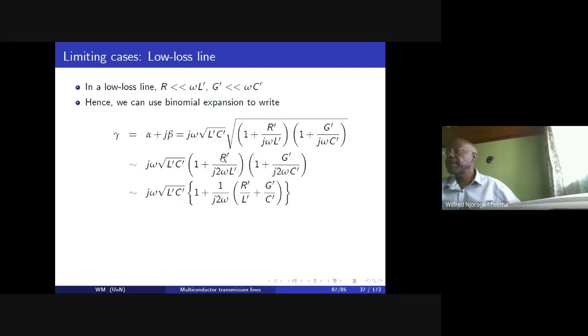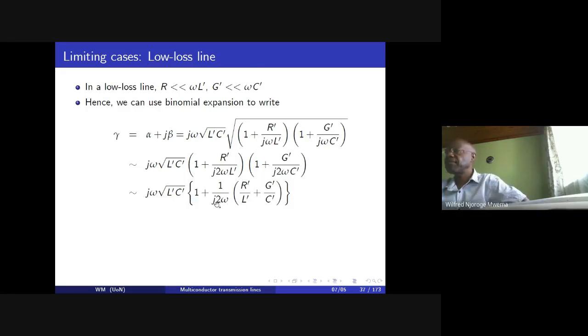But since R prime over omega L prime is much smaller than unity, and G prime over omega C prime is much smaller than unity, then this product will also be much smaller than unity, and we can ignore it.